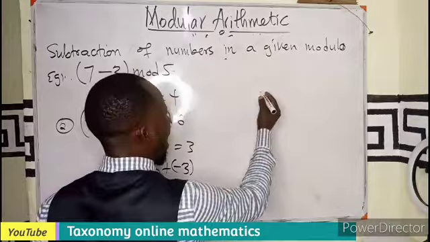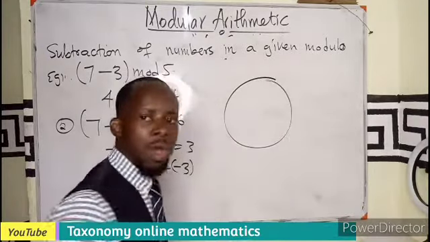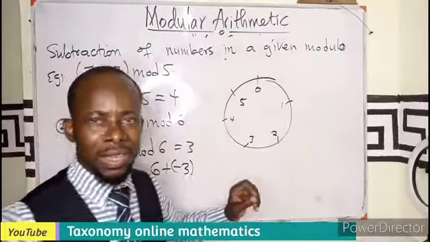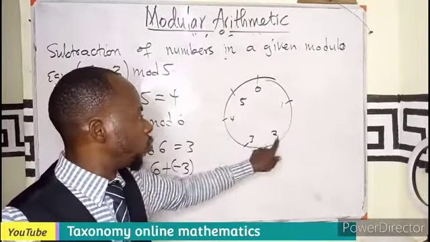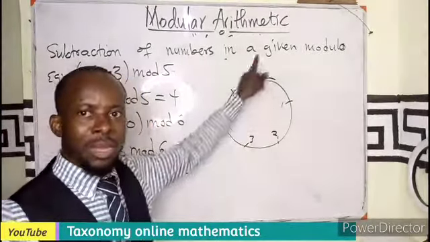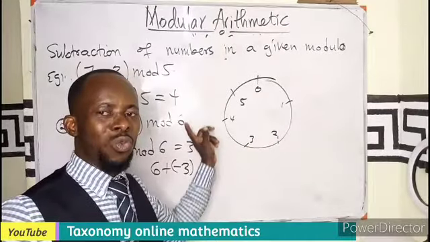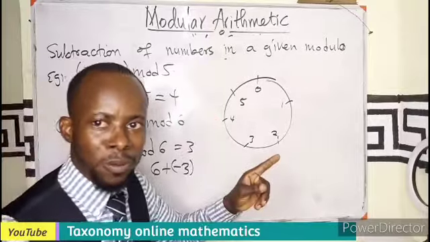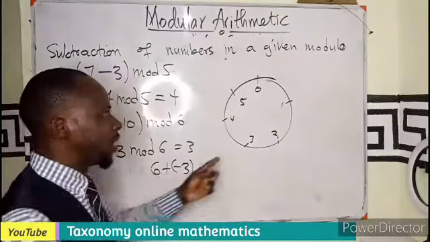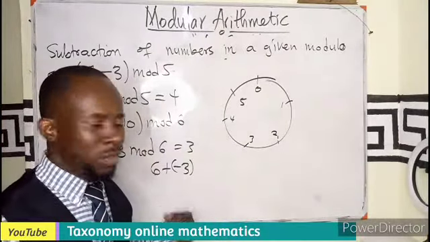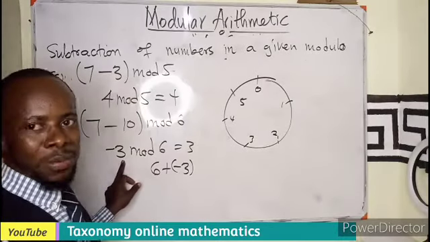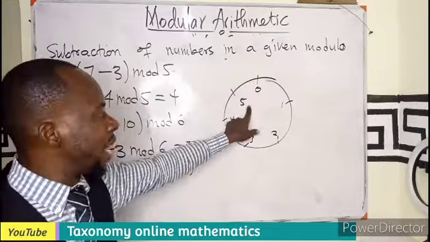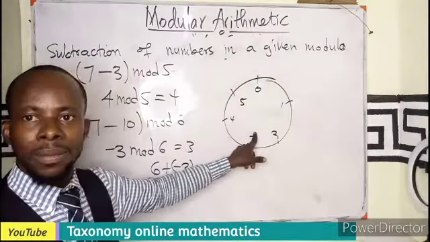As in, if I have a clock that is in mode 6, this is 6. 1, 2, 3, 4, 5, 6, meaning rollover. Now we are saying we move in a clockwise direction when we were doing the 12 o'clock. Now a negative number means you are moving anti-clockwise. So as we are having minus 3, we are going to move anti-clockwise from here. 1, 2, 3.